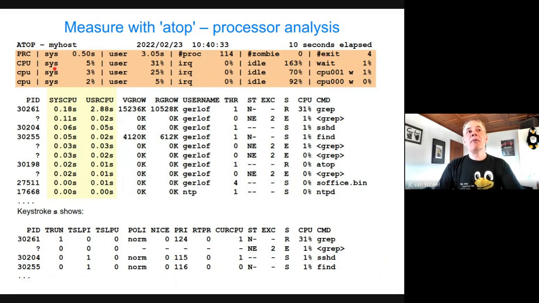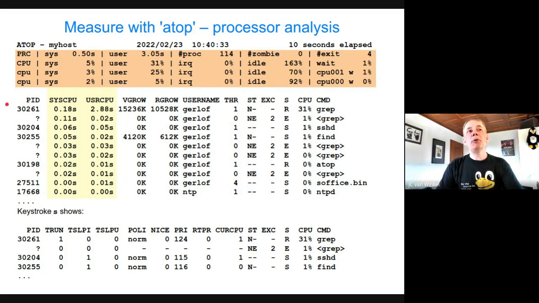And we sum up all of this in CPU, and we see that 5% system CPU usage is used, 31% user, 0% on IRQs, and the system is 160% idle. That means that we have at least 2 processors. And we can also get this information for the 2 processors that we have, CPU 0 and CPU 1, and how this CPU usage is divided over those 2 processors.